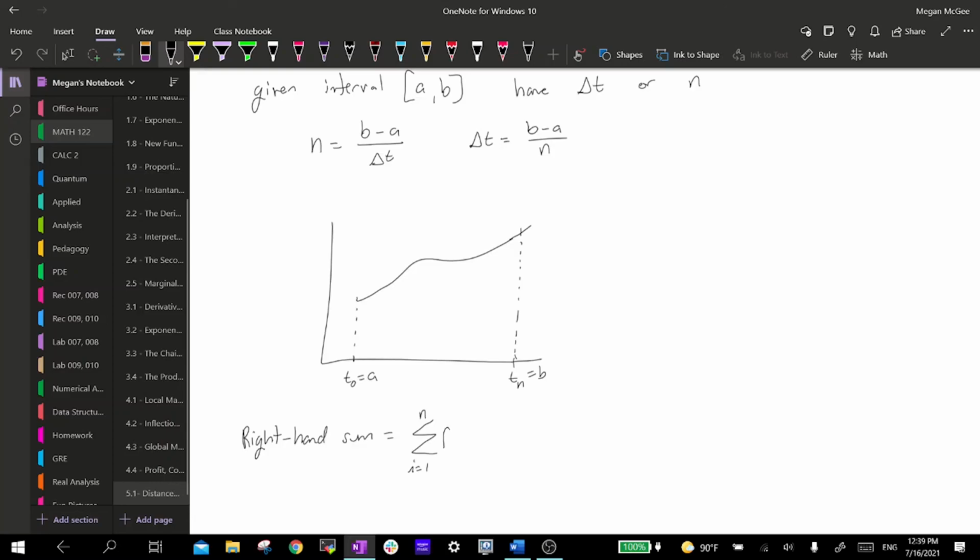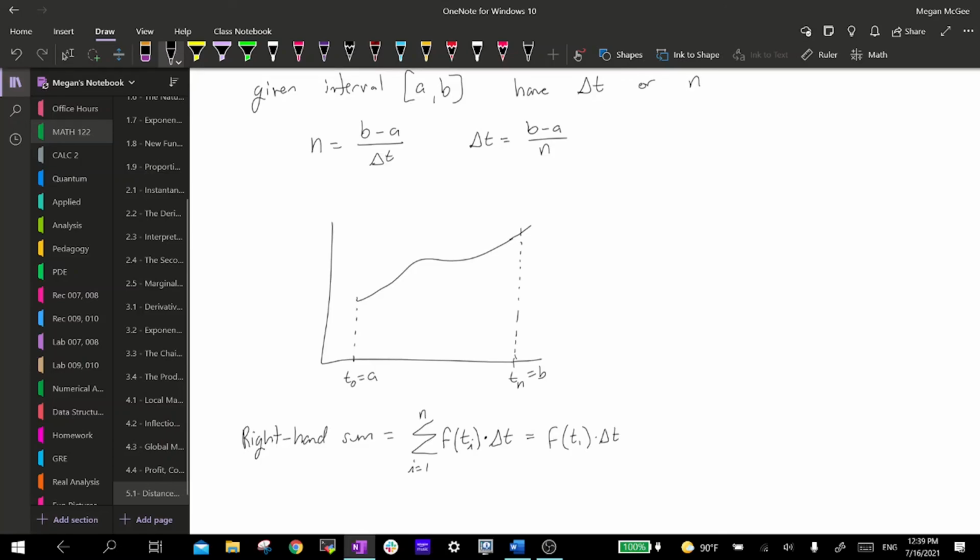And so then we have the function value at the t value, and then we multiply this by the length of our intervals. So if we expand it out a little bit, this would be our function value at t sub i, but i starts at 1, so t sub 1 times delta t.